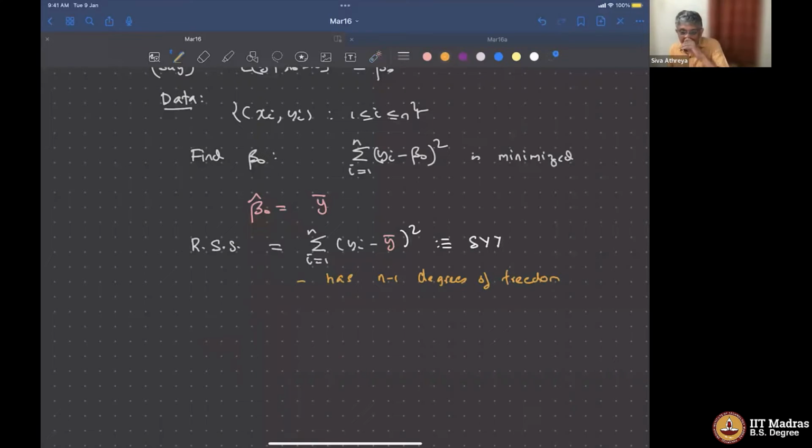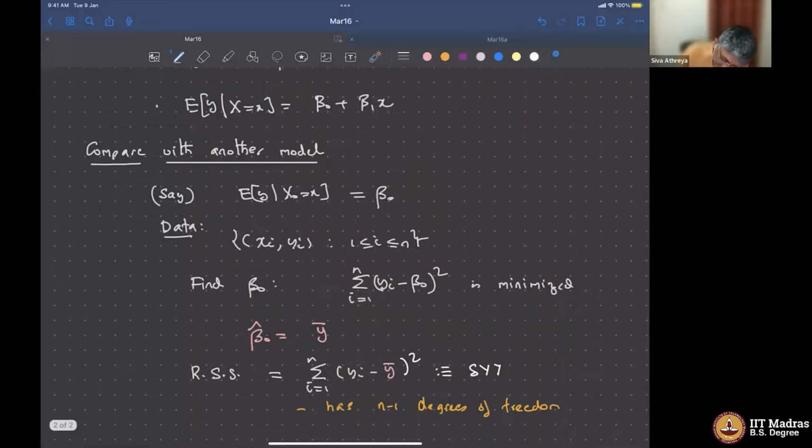The reason is that the minus 1 is because y bar governs the information as well. If I know y bar and I know n minus 1 of the y's, then I can get the whole thing. So let's call this model 0.